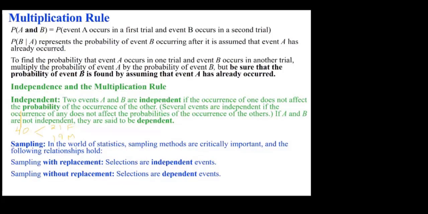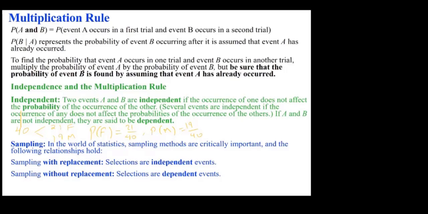So the probability of picking a female, if we pick a student randomly, is 21 over 40. Probability of a male is 19 over 40. I want to explain this concept. It's extremely important. So if we pick a student randomly, the probability that the student is a female is 21 out of 40 and male is 19 out of 40.